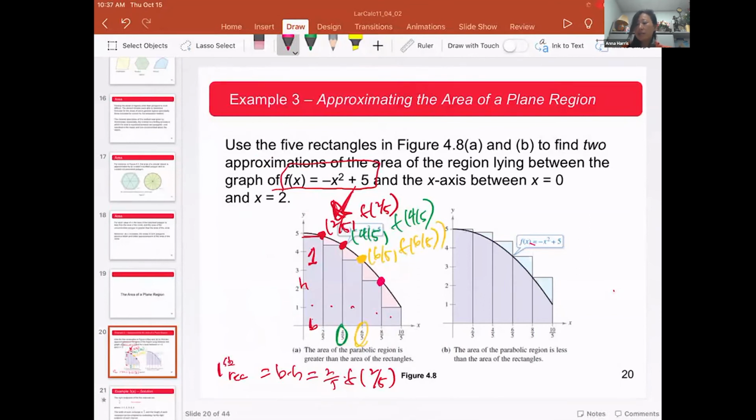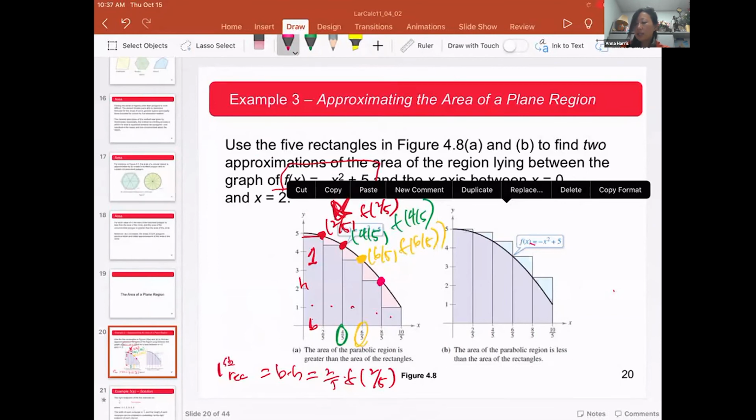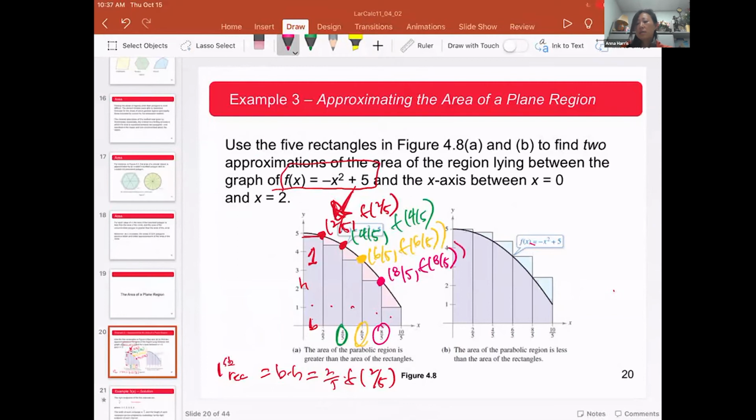That point is what? Looking at this, 8/5, and then what? f of 8/5. All right, one more. How do you find the point right there? The point would be what then? 10/5 and f of what? 10/5. That's how you find yours.